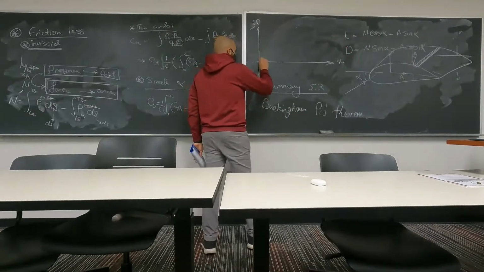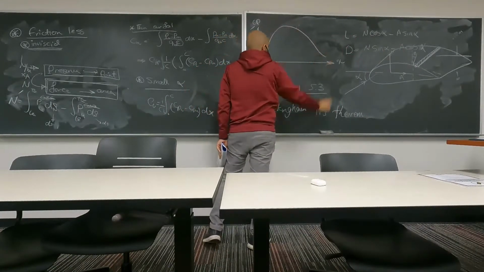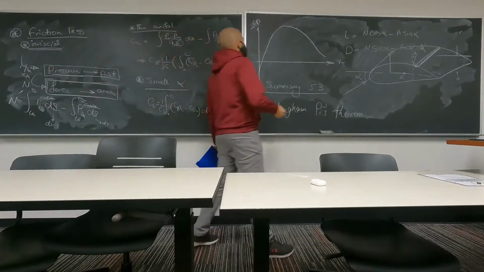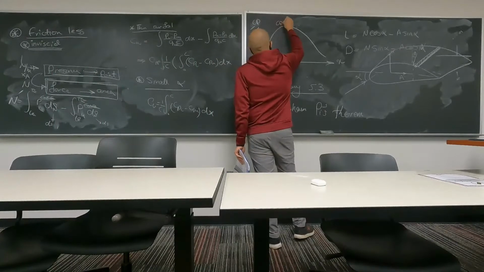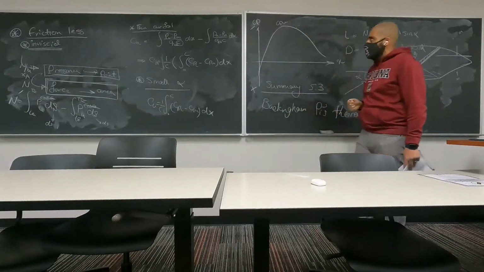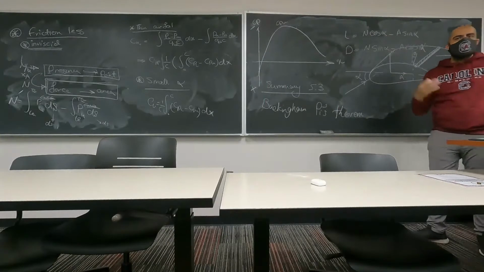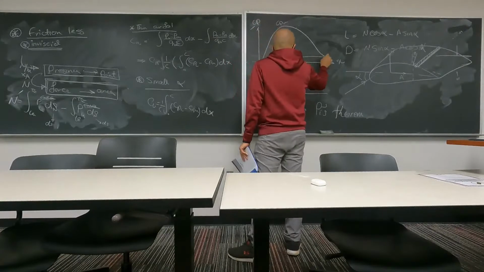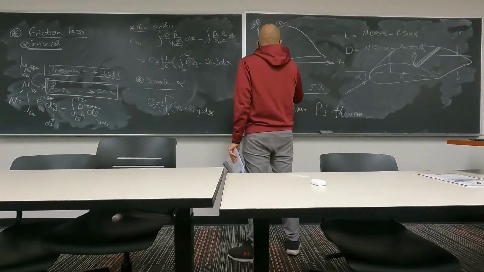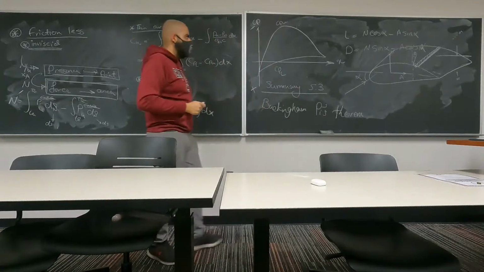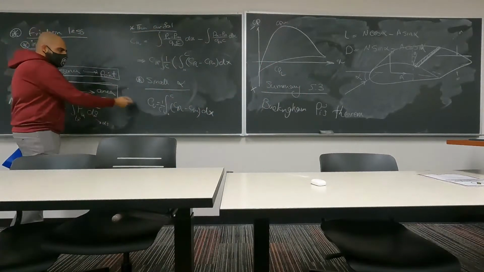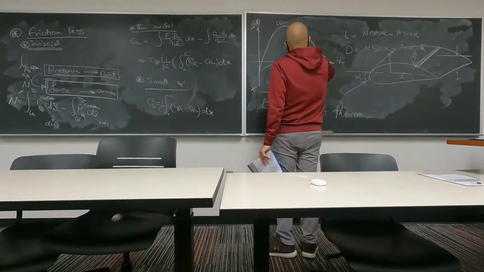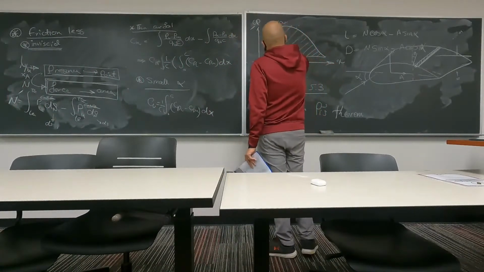So on the upper surface, we usually get a negative value for your pressure coefficient, so the pressure is going to be smaller than P infinity. But on the lower surface, it is usually not the case. So this is this type of distribution. What this equation is telling us is that to be able to find the lift coefficient, we have to find this area.